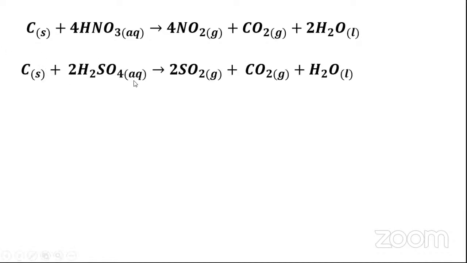That is carbon reacting with sulfuric acid, and we say that the sulfuric acid will be reduced to sulfur dioxide, which is also a colorless gas, or at times they say white fumes, but it's a colorless gas also, and also carbon dioxide, which happens to be a colorless gas. So we have a black solid.